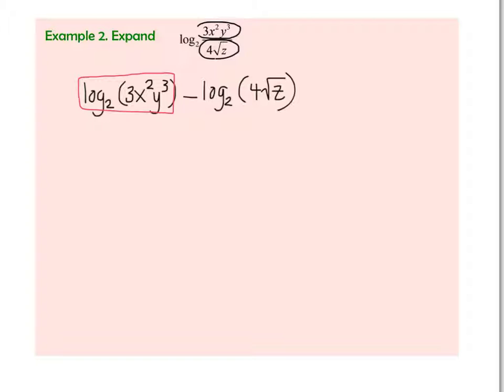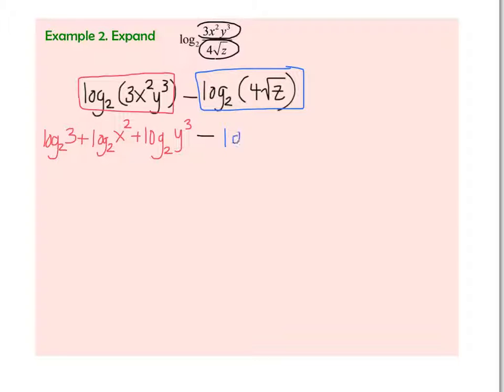So we have log base 2 of 3 plus log base 2 of x squared plus log base 2 of y cubed. So minus, and then I'll do the second one in blue, we can do the same thing here. We're going to have log base 2 of 4 plus log base 2 of the square root of z.